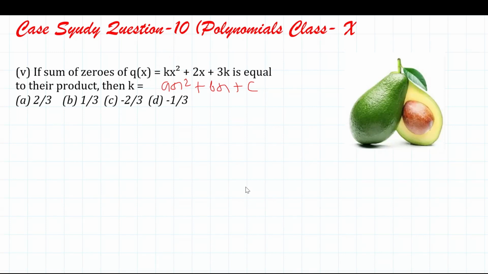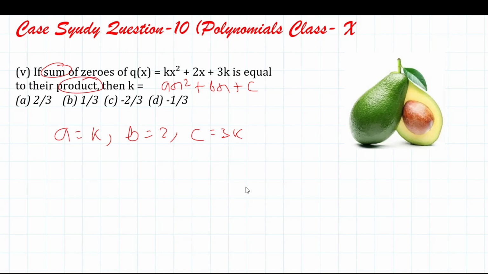Now compare these two. What is a here? That is the coefficient of the square term, which is k. What is b? The coefficient of x, which is 2 in this case, and c, the constant term, which is 3k.